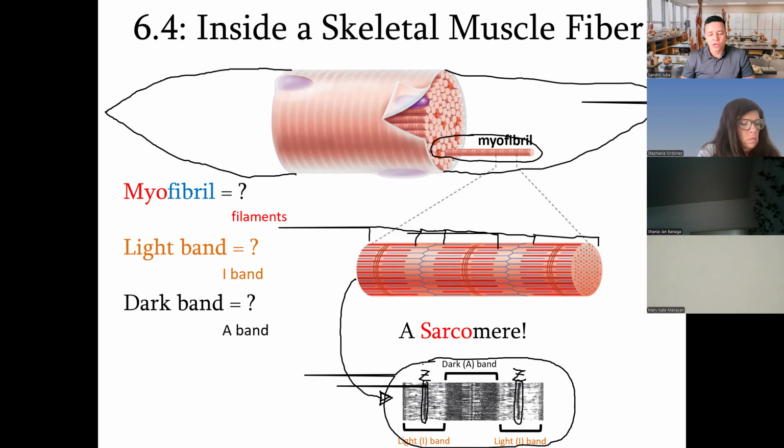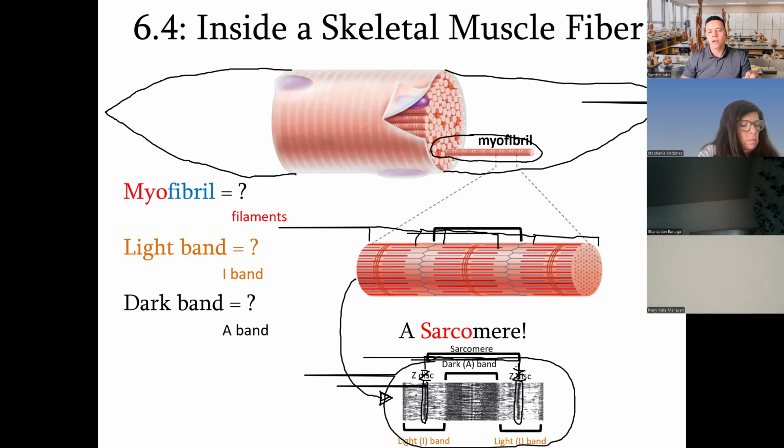And when we measure the Z disc of one light band until the neighboring Z disc of the neighboring light band, we get a unit. And that unit between Z disc and Z disc, this is what we call a sarcomere.